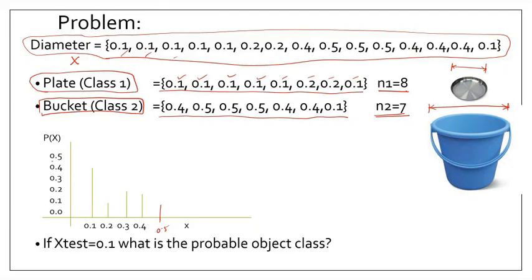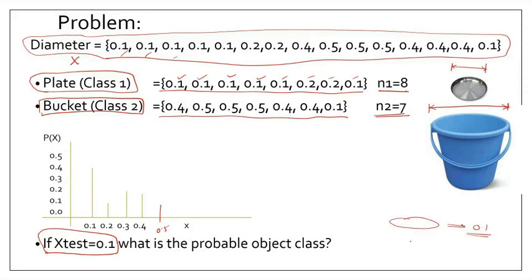Now the question is, if X test is 0.1, that is, some new object is coming to the computer, I don't know what it is, but the computer wants to find out what this object is. So what is the procedure? You will measure the diameter of the new object, and the diameter of the new object is found to be 0.1.